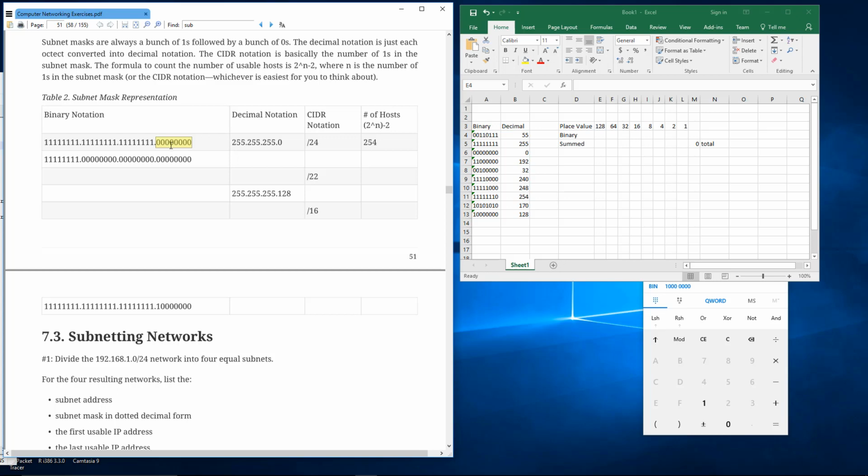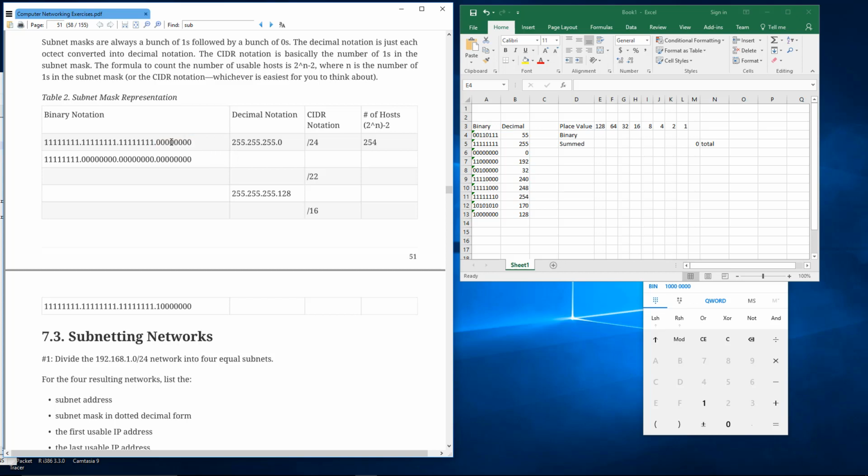Host space is the address space that we're using for computers, for printers, for servers, laptops, smartphones, all the things that we're connecting to our network. And our subnet mask determines how many of those devices that we can put on that particular network.